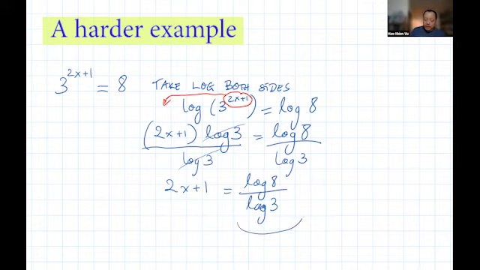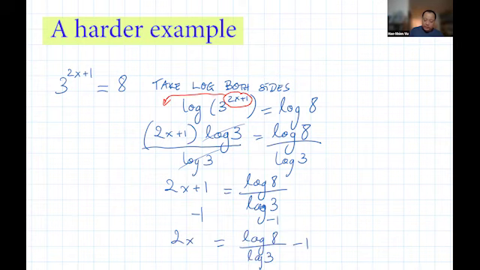Well, log 8 divided by log 3 is just one big number. Again, if you're not comfortable leaving it like that, you could take out your calculator and divide the two decimals. But I'm going to leave it like this, and I'm going to isolate x by subtracting 1 from both sides. Then I have 2x is equal to log 8 divided by log 3 minus 1.